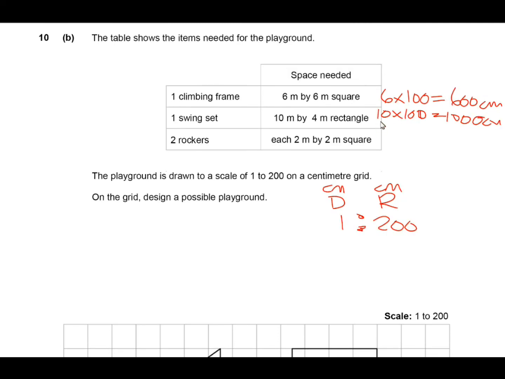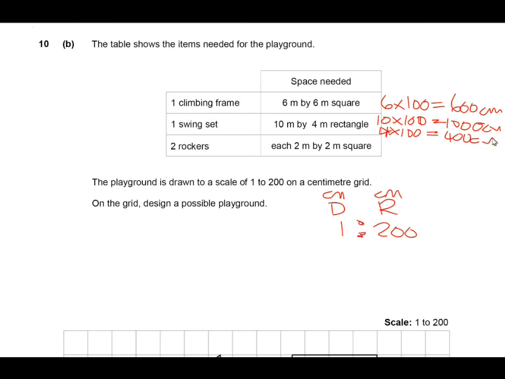And I've got 4 meters by 100. So I've got 400 centimeters. And at the bottom, the rockers are both 2 meters, which is 200 centimeters.